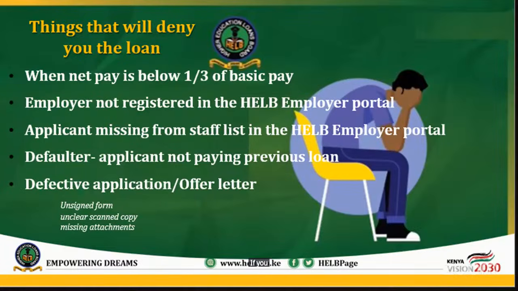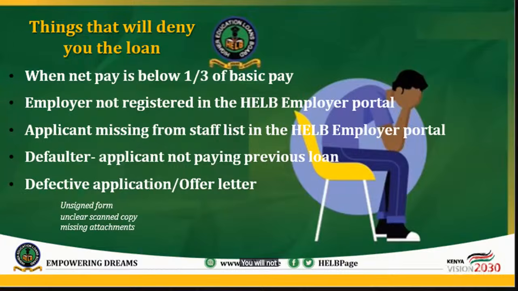If you have defaulted, you know, you took undergraduate, we paid you diligently. Now you're here, you're salaried, you have never paid us, or we gave you the salaried loan and then you just disappeared, you stopped paying, something happened.